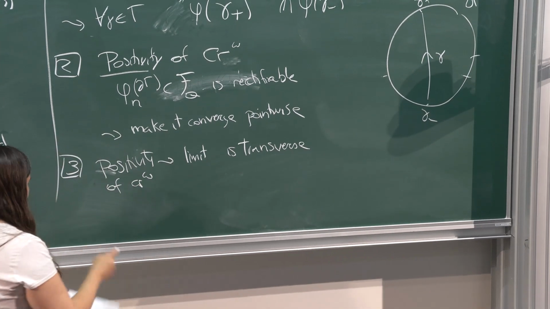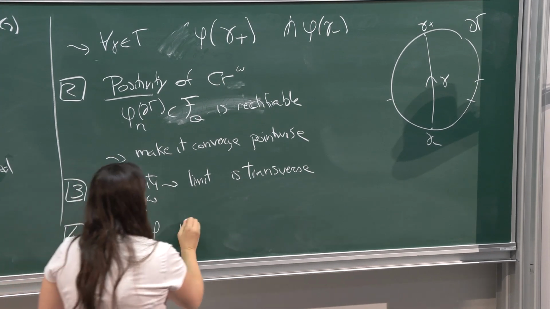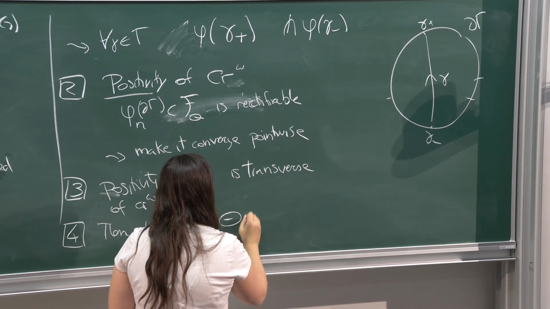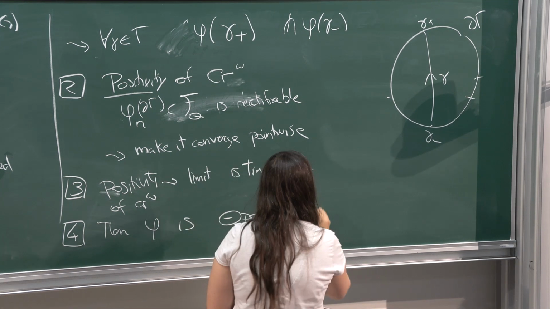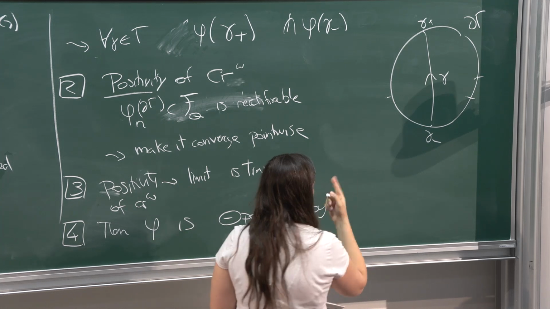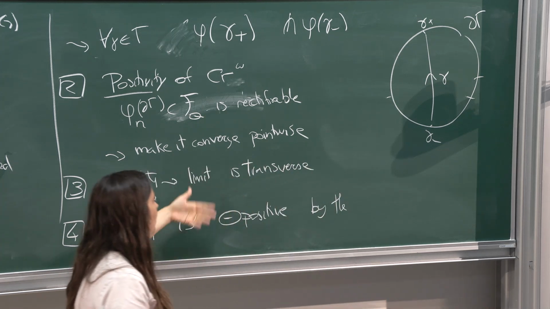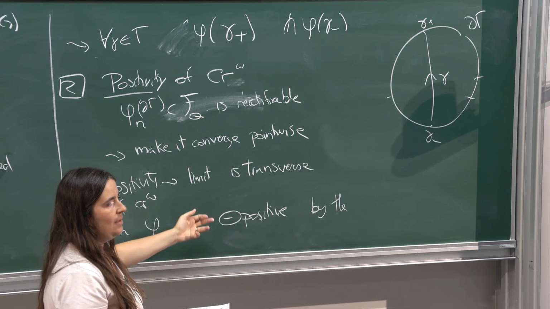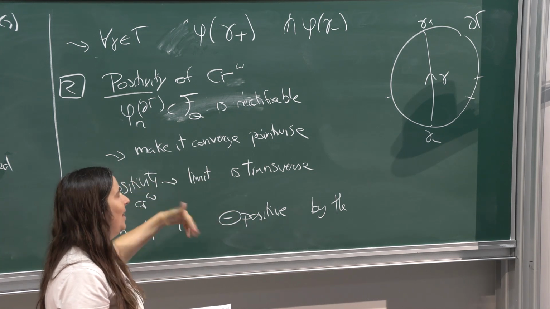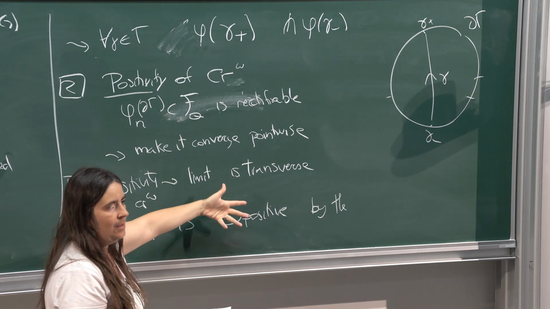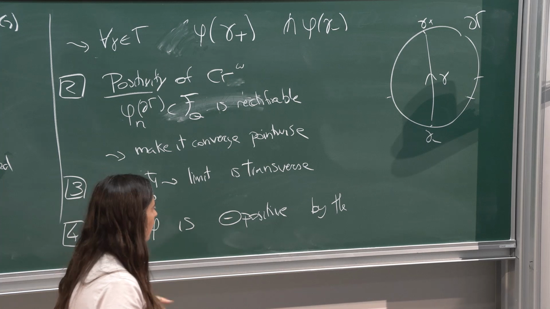And then the fourth point is that phi is theta positive, by essentially the same properties of diamonds. By the same arguments that I was hinting at in the exercise to show that Anosov theta positive representations are open, because if I have a limit of positive maps that's transverse, it stays positive.